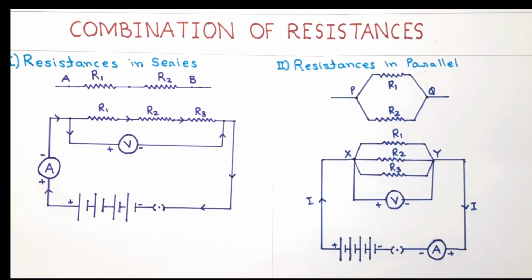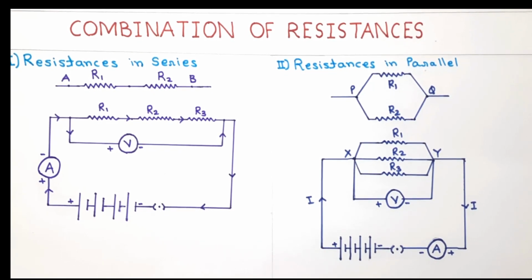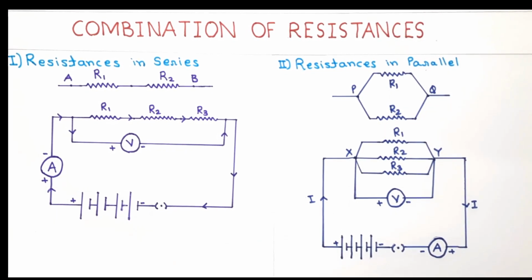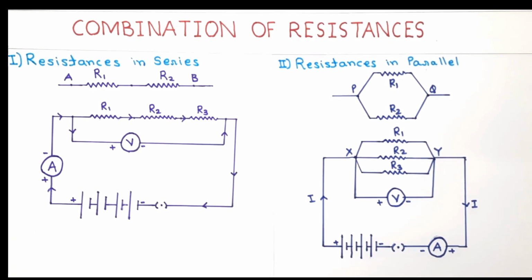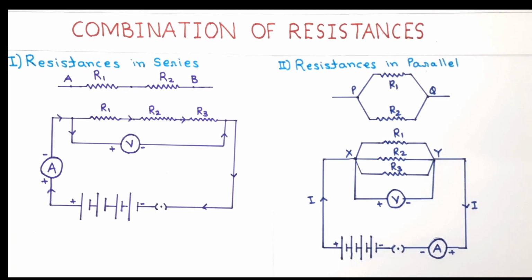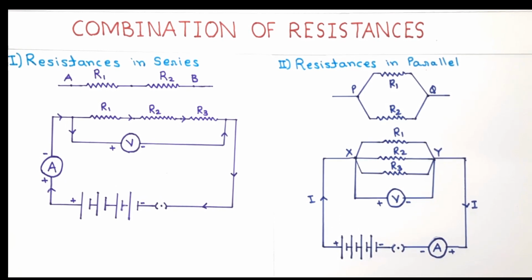Now, we will see what happens to the voltage and the current. In series combination of resistors, the current is same in every part of the circuit. Now we will see about the potential difference. The potential difference V is equal to the sum of the potential differences V1, V2, V3, that is the total potential difference across a combination of resistors in series is equal to the sum of potential difference across the individual resistors.